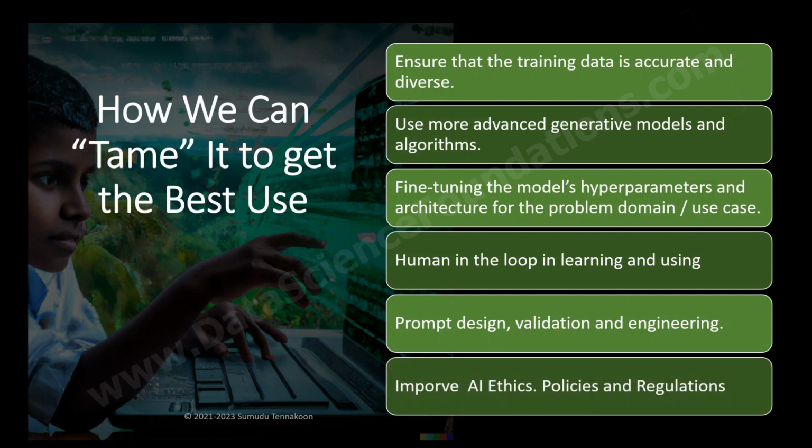And most importantly, we have to work as professionals, as academics, as the general public, and administrative people. We need to come together and improve AI ethics, policies, and regulations. We may have some outdated rules, regulations, and policies.